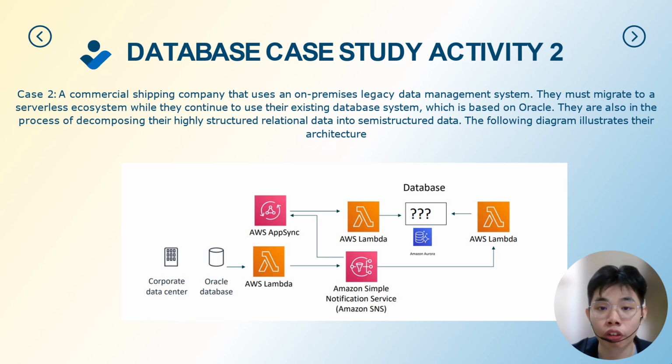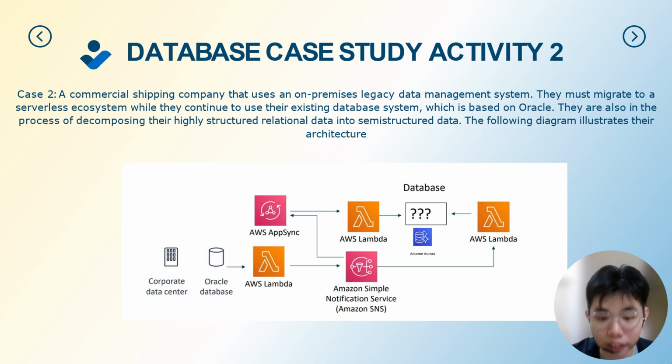For AWS, it offers a variety of database solutions that could potentially fit this company's needs. But the two most suitable options are Amazon Aurora and Amazon DynamoDB. Okay, so what actually is Amazon Aurora? It offers on-demand, auto-scaling configurations.